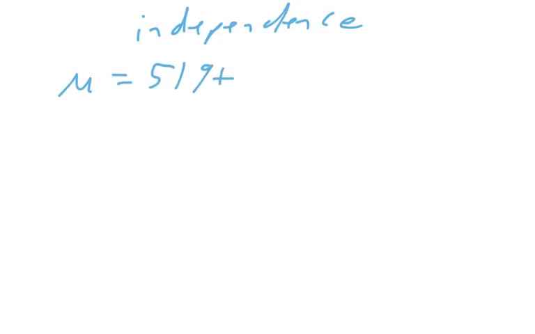In example number 3, they give us SAT score for math and verbal score, and we are going to assume independence here, that one score doesn't affect the other, which is probably not true, but let's go with it anyway. The mean is going to be the addition of the two means, so 519 plus 507 turns out to be 1026.